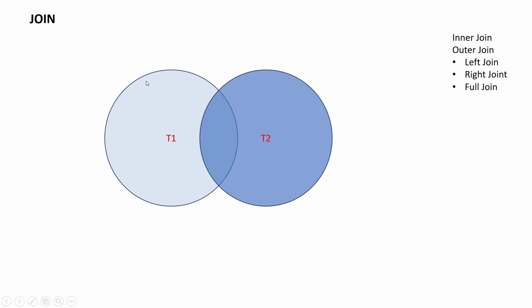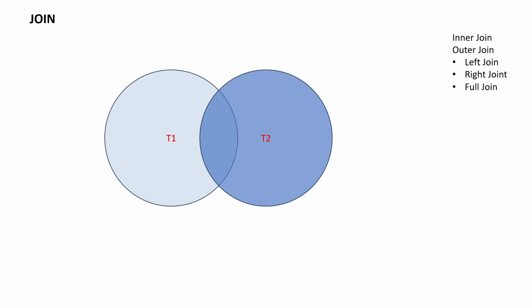Based on this concept as well, we come up with the join options. So whenever you put two tables, it might be possible that both the tables have a common number of rows, exactly similar or matching rows.